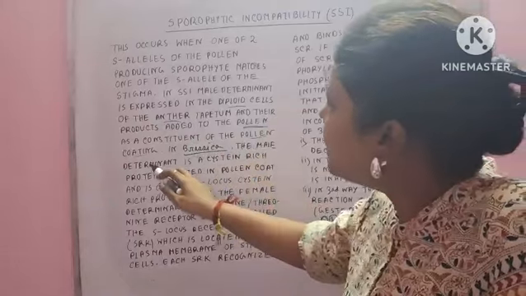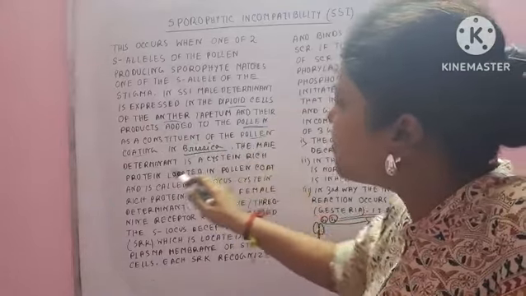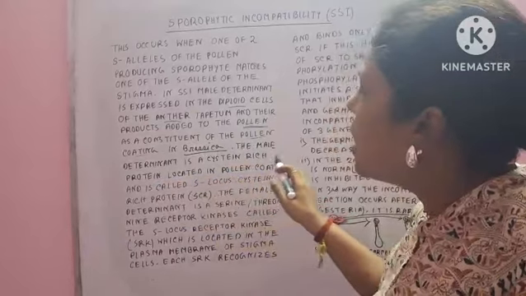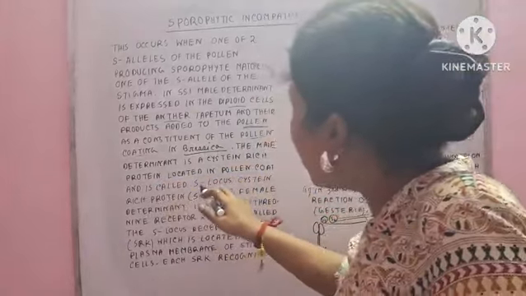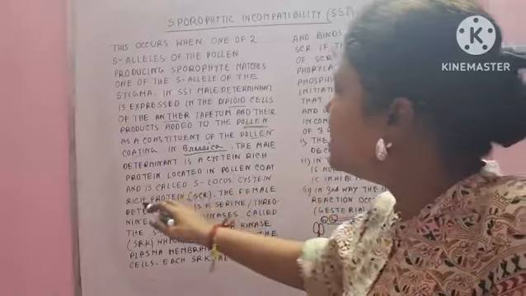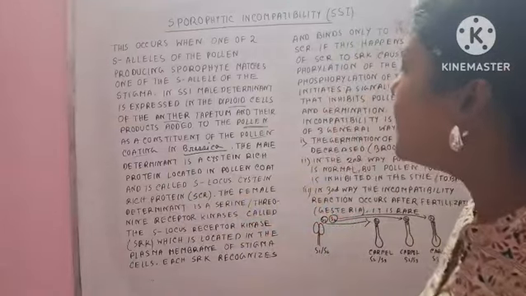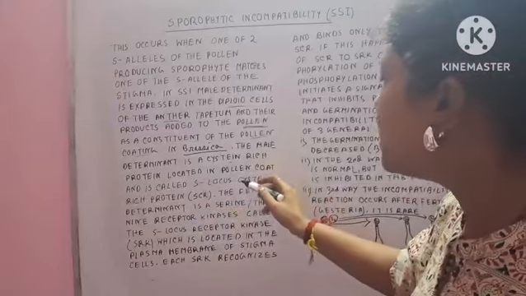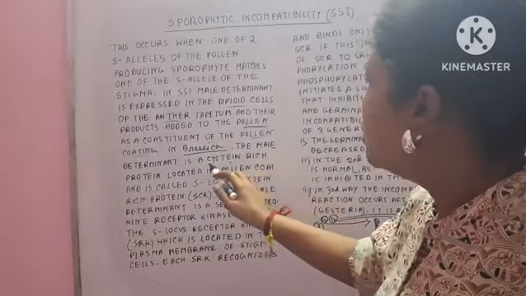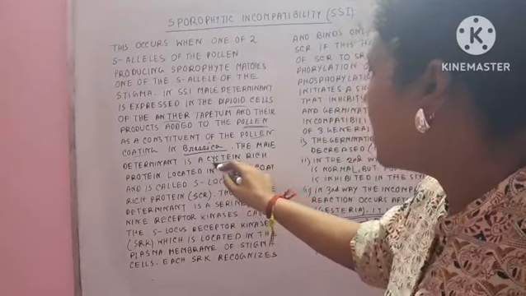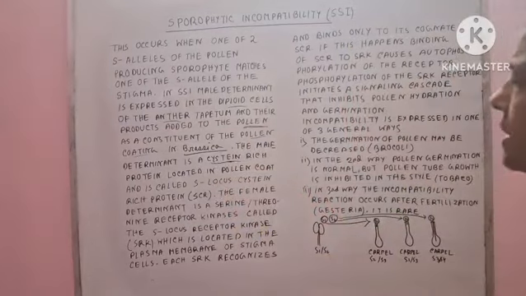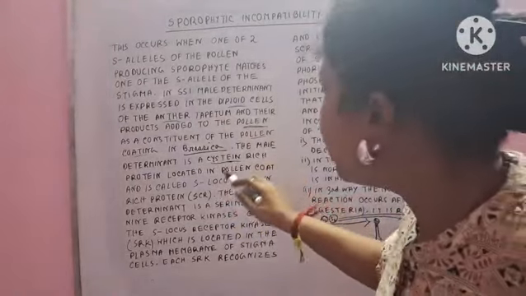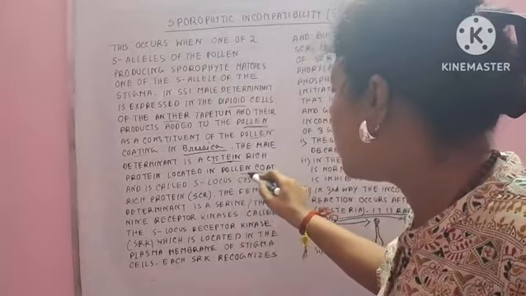The male determinant is the cysteine rich protein located in the pollen coat and is called the S locus cysteine rich protein. So what it is saying is that the male determinant is one kind of protein, known as cysteine rich protein. It is located in the pollen coat.